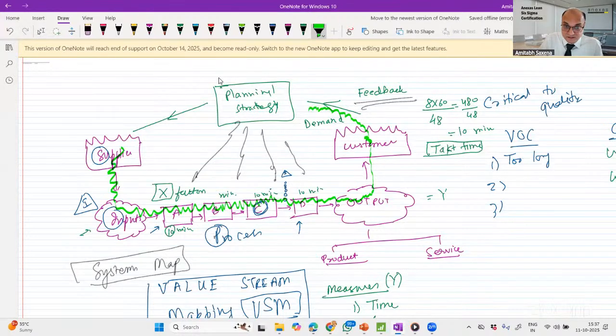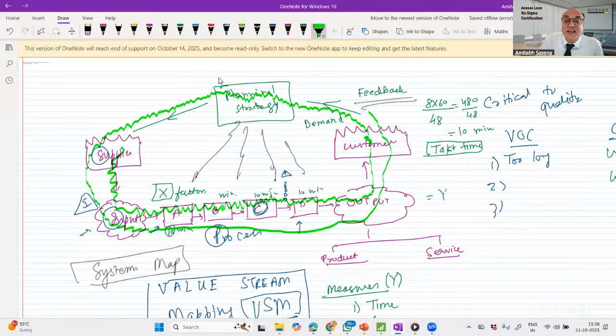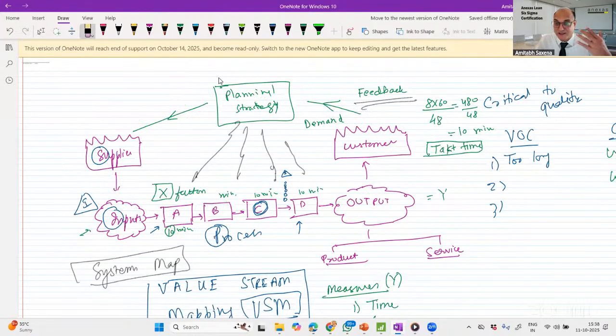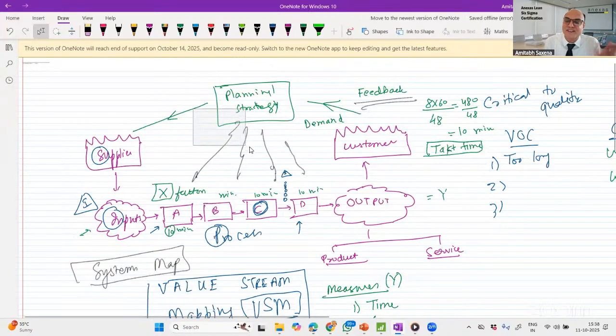Customer is not interested in your product or service; the customer is interested in the value which he or she derives from it. This is how the value flows through a system. Stream means a river, that is why it is known as value stream map. We tell you the reason so that you remember it.